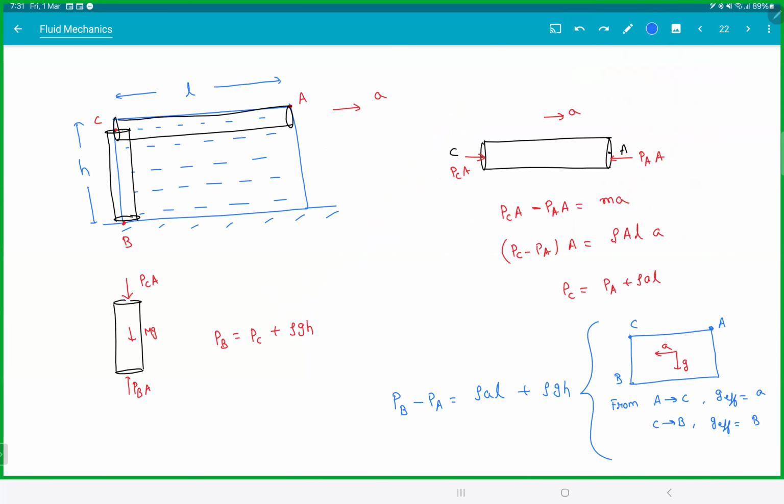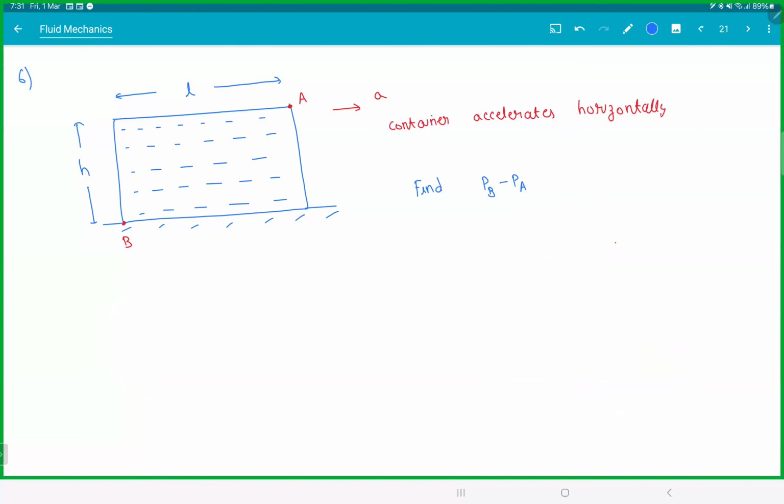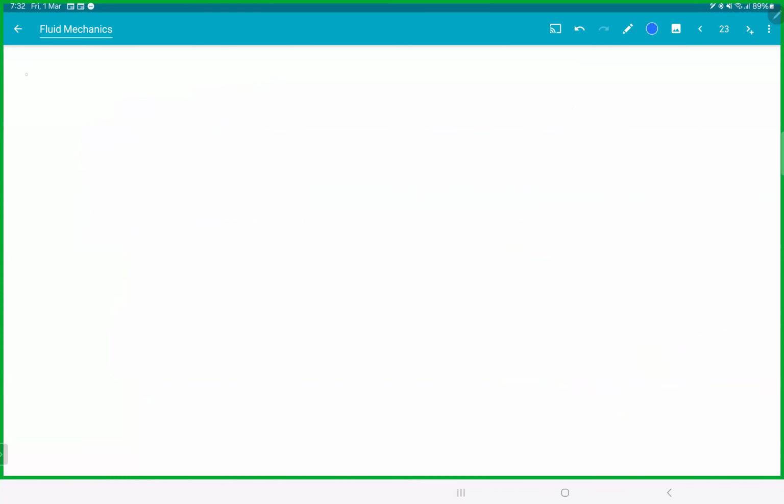This will be a proper mains level question. Next one. We have a vessel here completely filled with water, density rho.